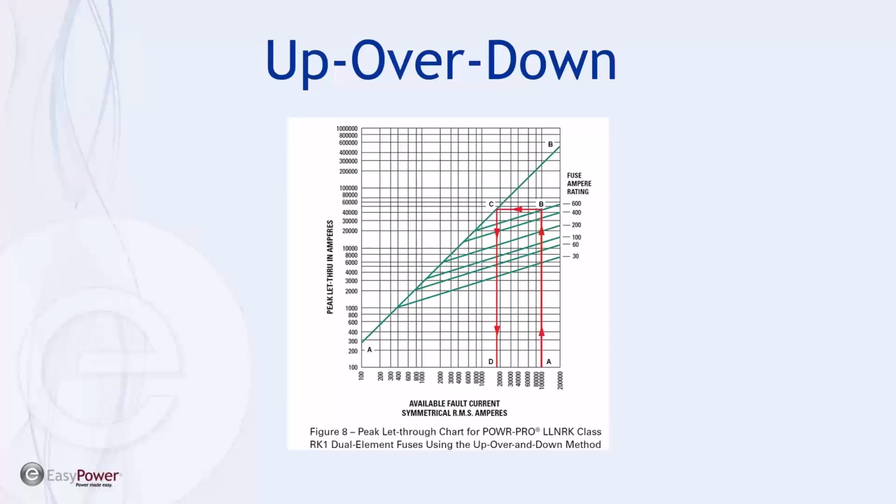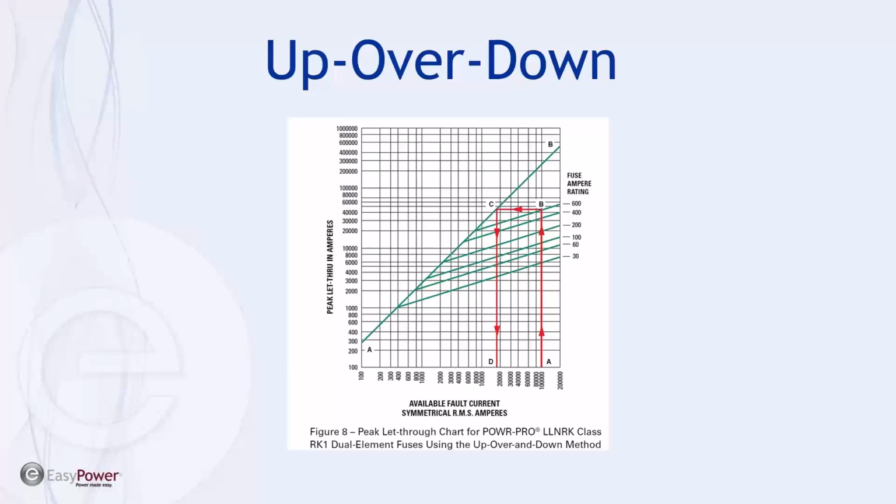And they base that discussion on what's called the up-down-over method, where you determine what the available fault current is and its intersection on this particular chart with the load curve of the size of the amperage of the fuse, and then where that point, that intersection, moving to the left, intersects the load curve of the peak let through of that fuse, and then plot down will tell you what the maximum peak let through current is for a downstream fault.